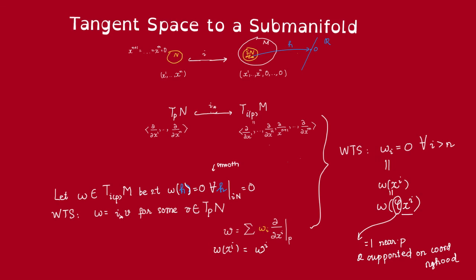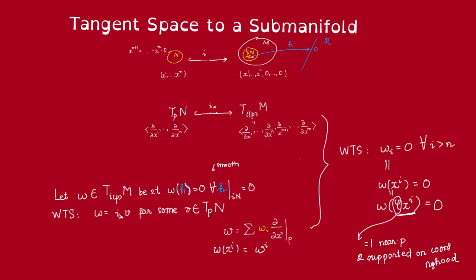But this function now satisfies our hypothesis here, so this value is 0. And thus we have w of x_i is 0, and that means that all of these coefficients w_i are 0. So w indeed lies in the span of partial x_1 to partial x_n, and thus it must be an image of the tangent space to N at p.